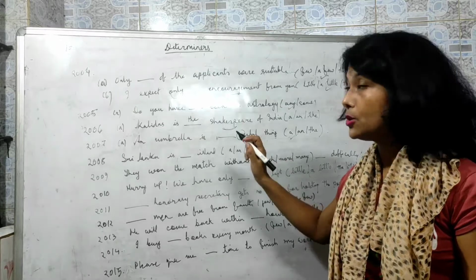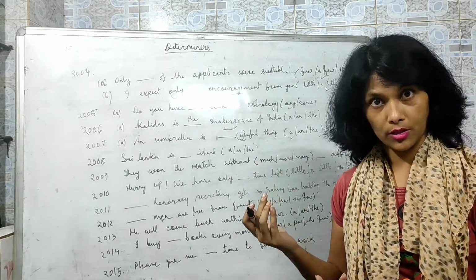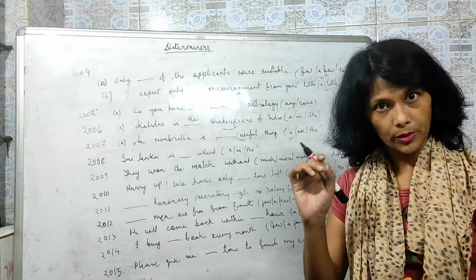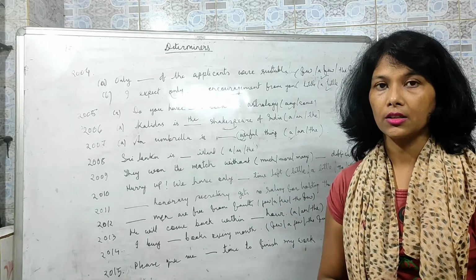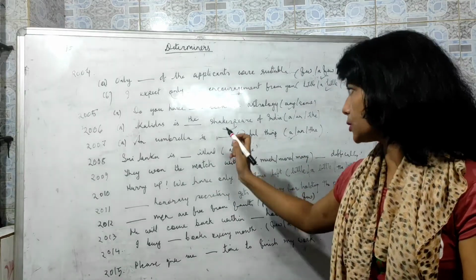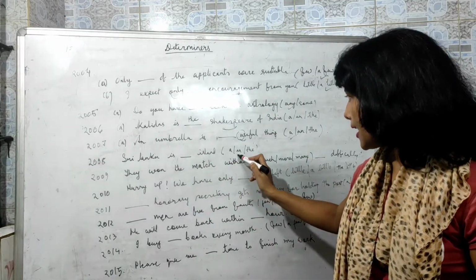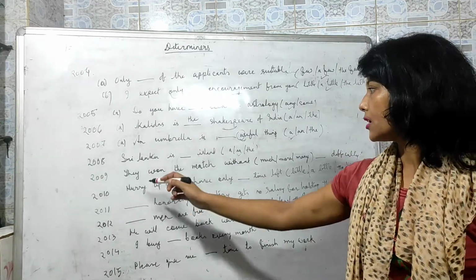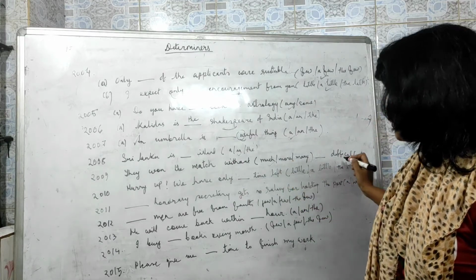If instead of useful, there is another word, suppose utmost, you are not using U pronunciation. So in that case, an utmost. But here you have to use a. Sri Lanka is an island. Already it is vowel. They won the match without much difficulty.